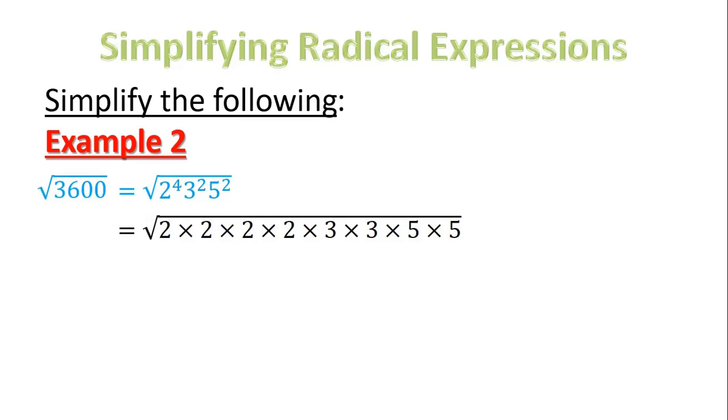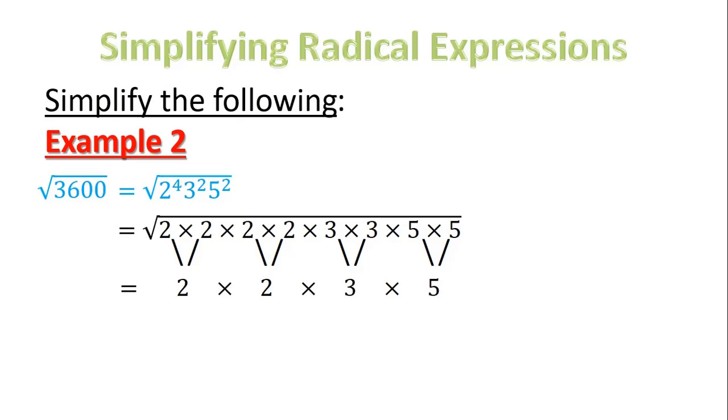Now we have to group our prime factors in pairs. So our first pair of 2's, our second pair of 2's, then our pair of 3's, and then our pair of 5's. And so that equals my first pair of 2's times my second pair of 2's times my next pair of 3's times by my pair of 5's.